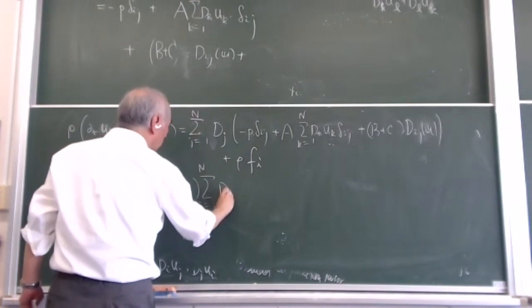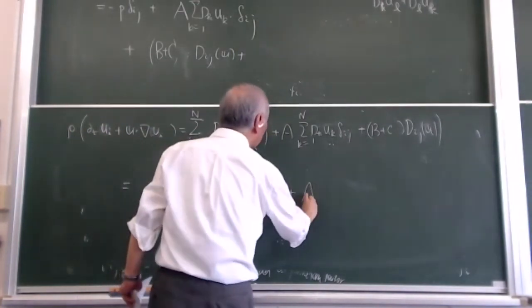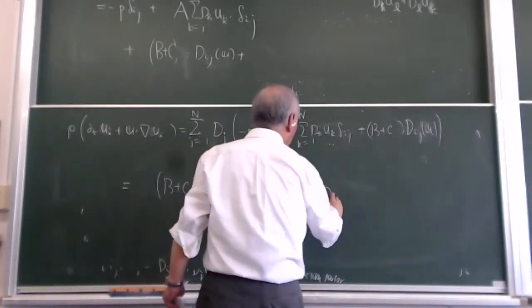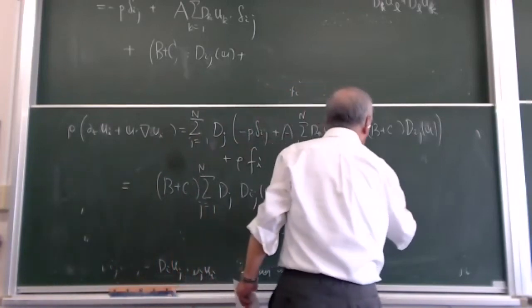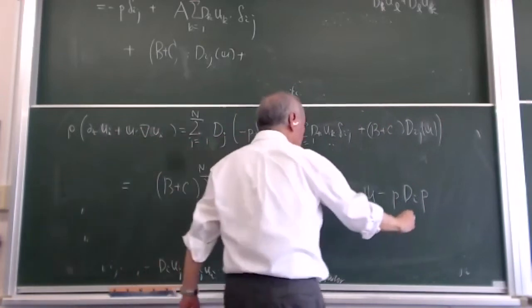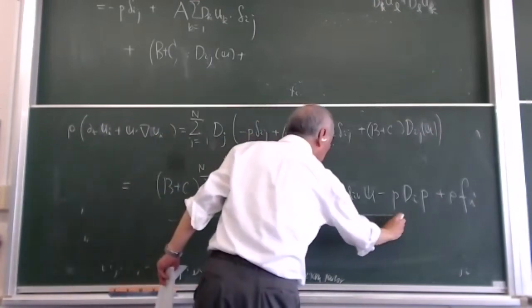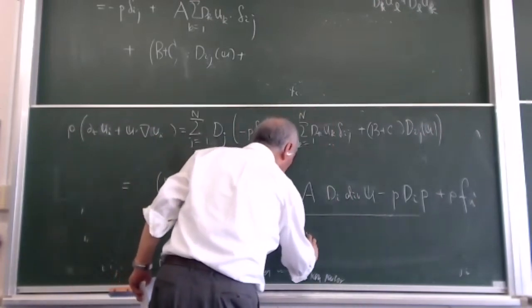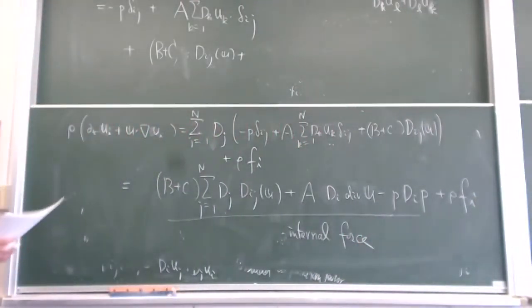Sum from 1 to N of dj ui, plus A, divided by dj, di uj, minus P, di P. And then plus, and this is internal forces. Okay, this is a derivation of internal forces.